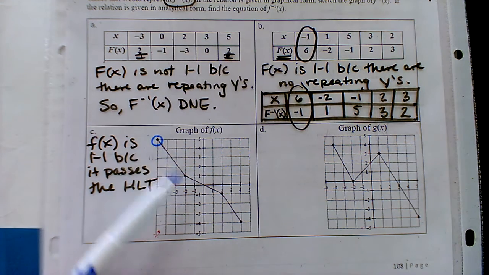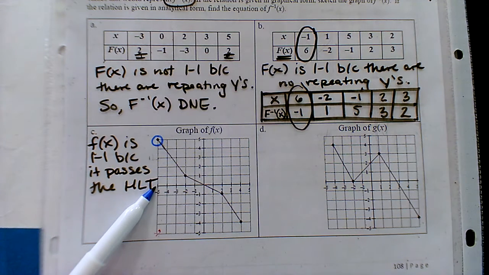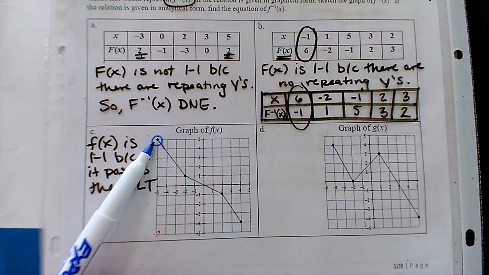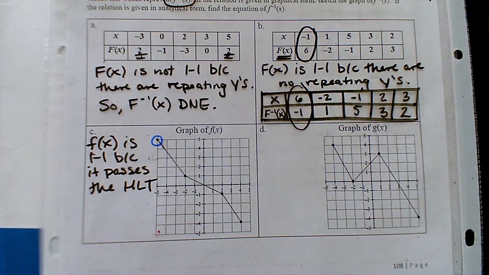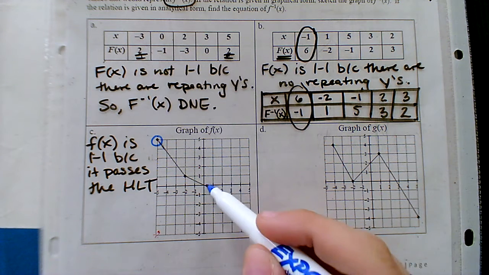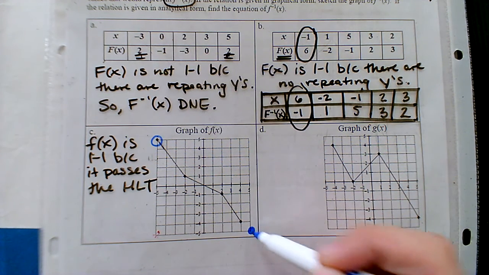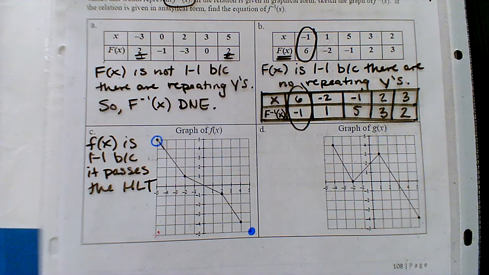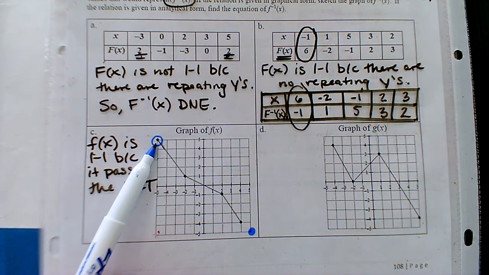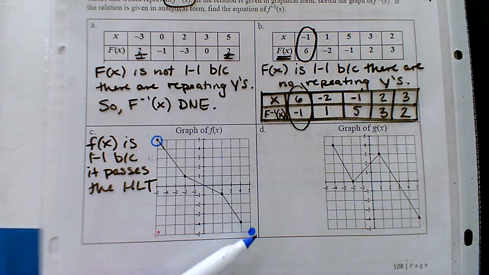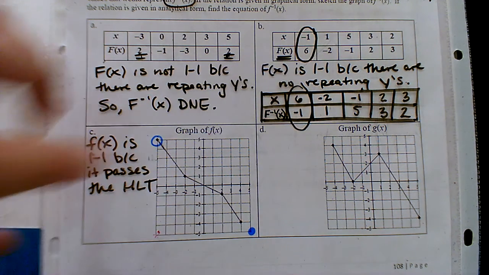So this first ordered pair right here is -5, +5. So if you switch those numbers, your new point would be at 5, -5. So you take an original point from the graph, and when you switch the values, you get the inverse point. You can plot where that would be.